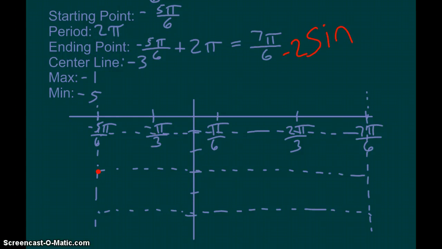Because it's negative, I'm going to go from middle to bottom to middle, to middle to top to middle. So we have that same sine graph as we did on Monday, except it's flipped upside down. Hopefully you do a little better job of hitting your dots than I did.